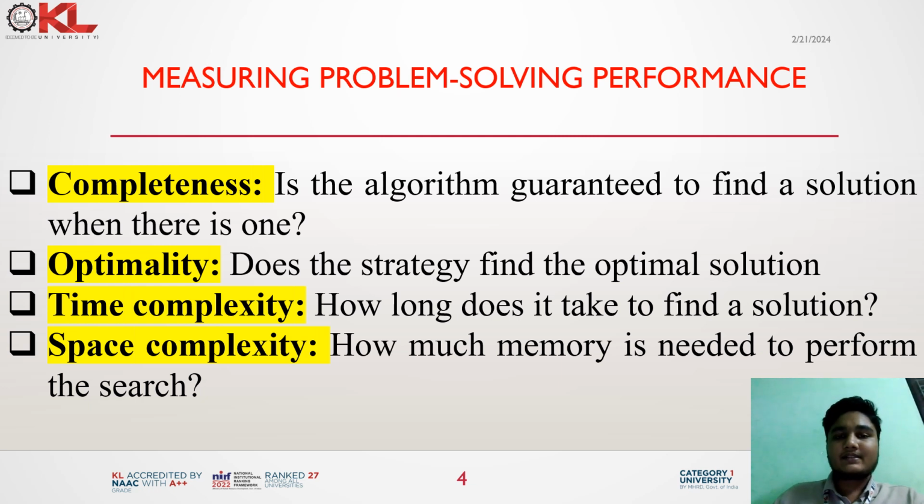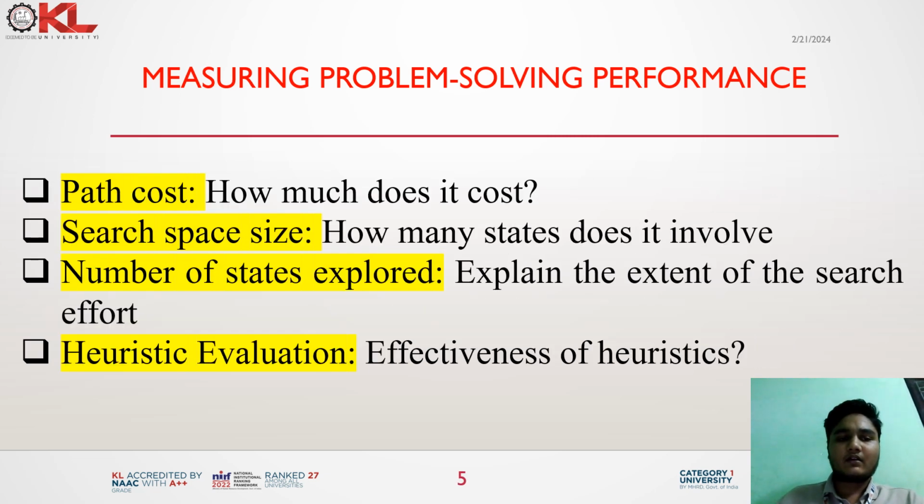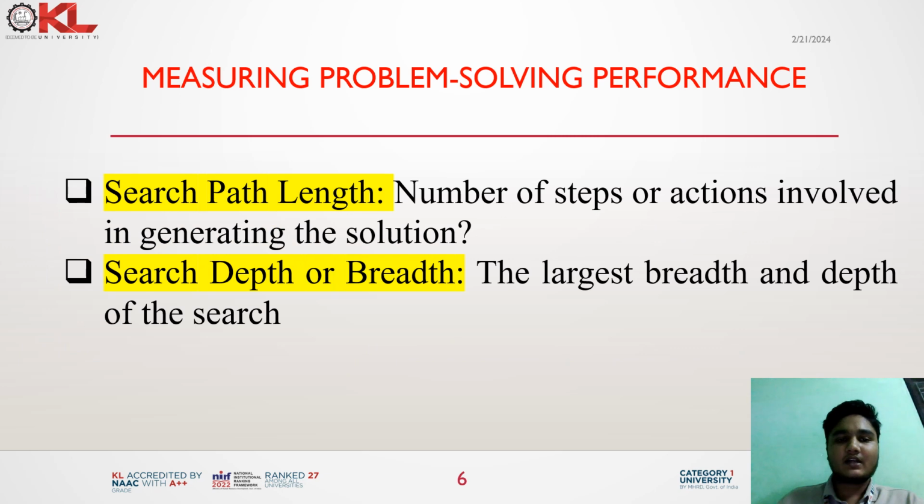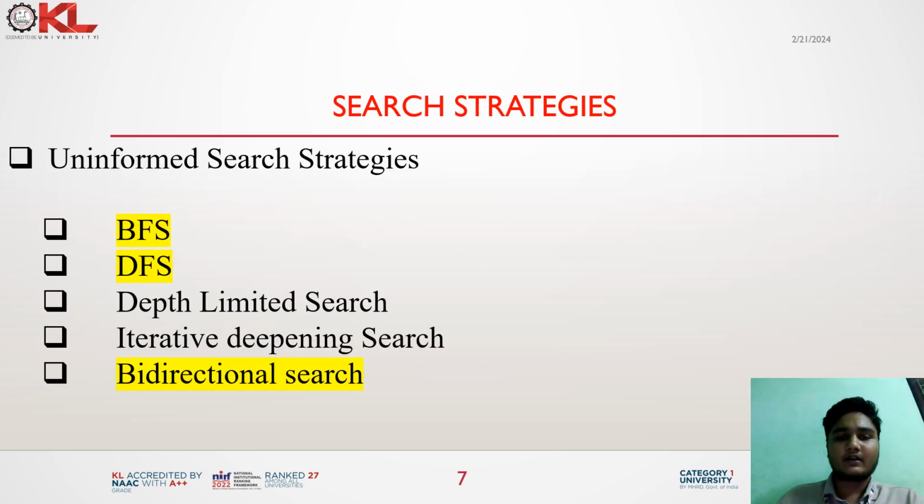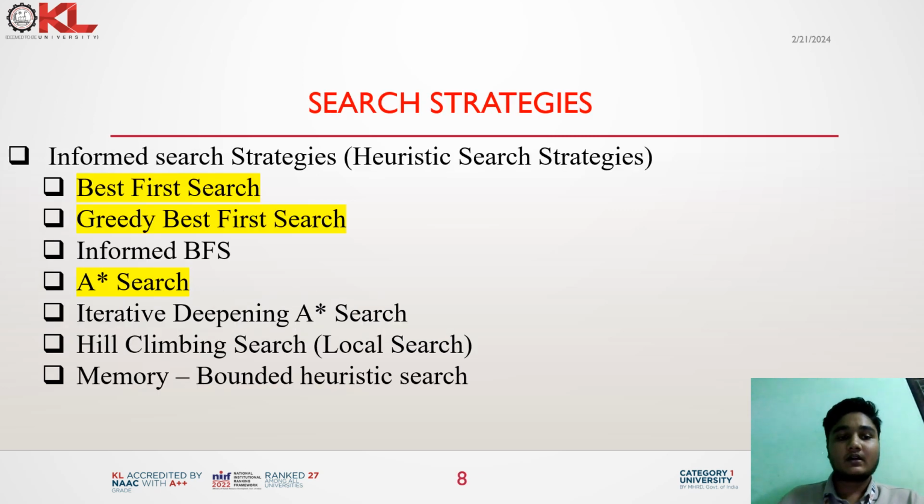And these are the measures of problem solving performance: completeness, optimality, time complexity, space complexity, path cost, search space size, number of states explored, and heuristic evaluation. These are some problem solving methods and search strategies: uninformed and informed.